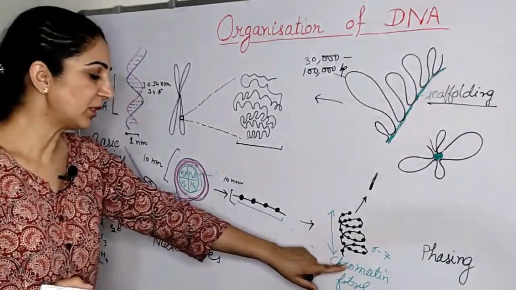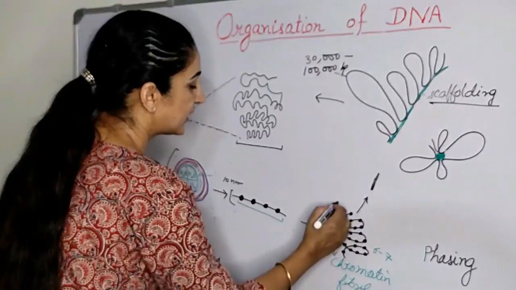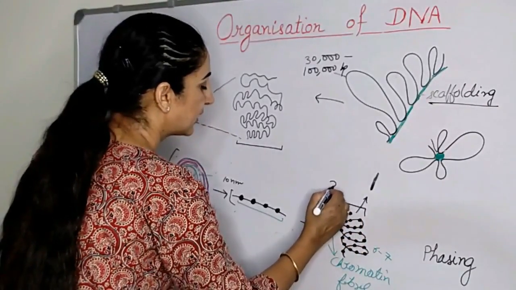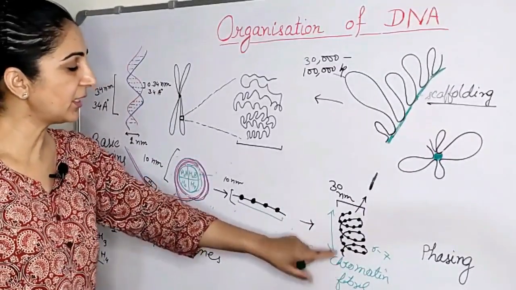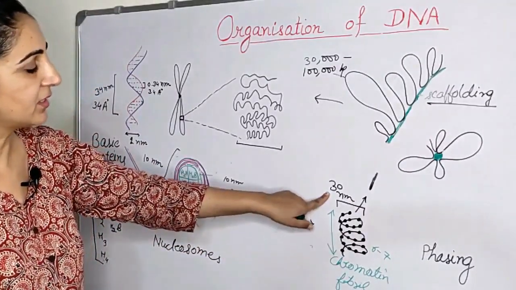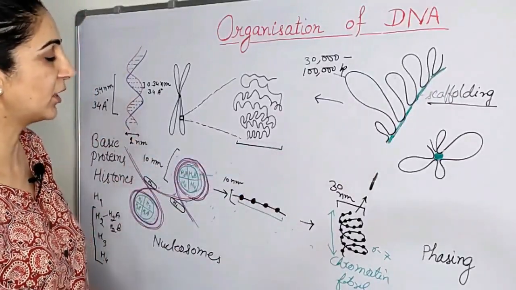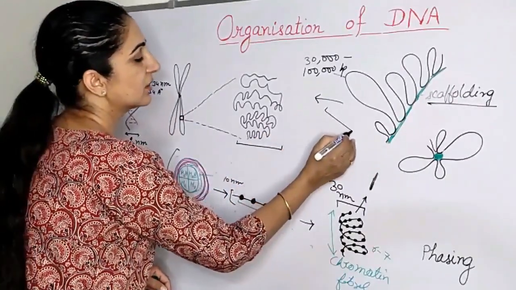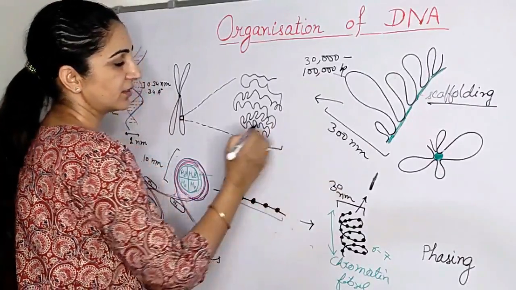When we form the chromatin fibril, this structure is around 30 nanometer in thickness. So the fibril is 30 nanometer in thickness, and when we form the loops attached to the nuclear scaffolding, this is 300 nanometer in thickness.